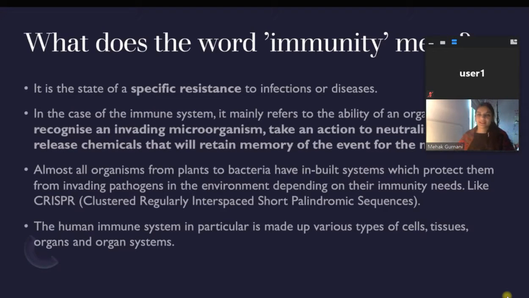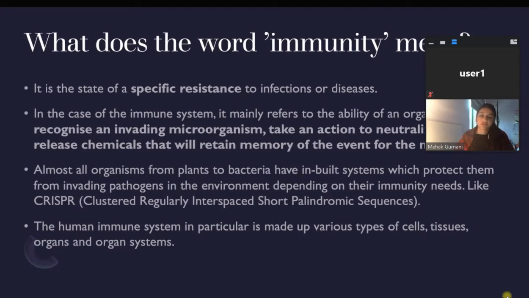A pathogen is basically any kind of organism or microorganism that tries to enter your body and is not part of the cells of your own body. So that's what we'll call a pathogen. So at any point, if I shift from microorganism to pathogen, they're the same thing in this case.